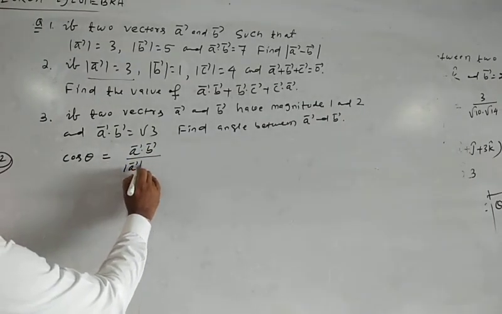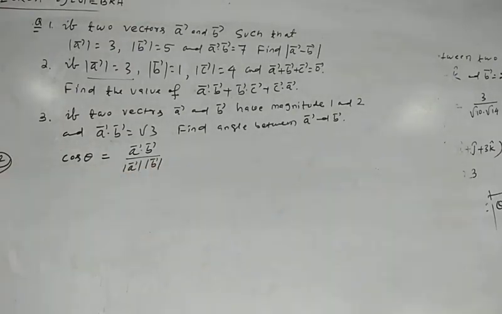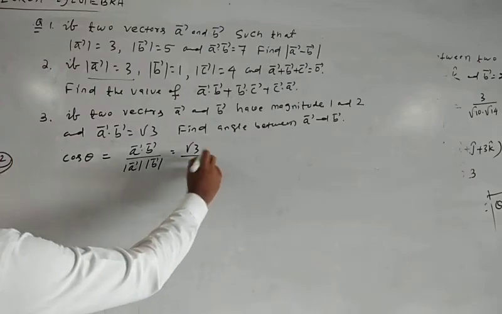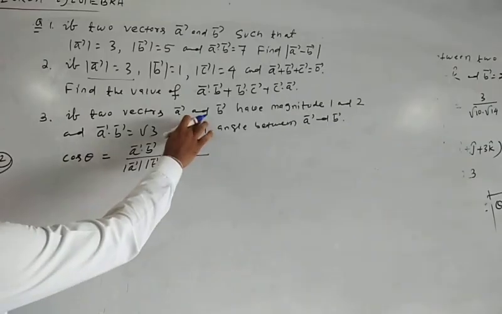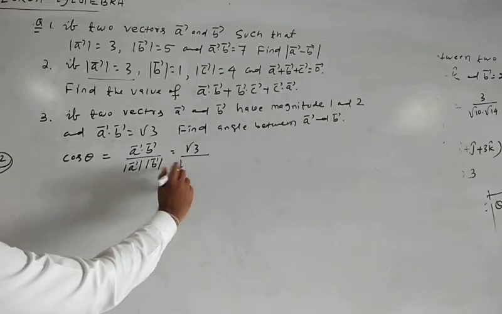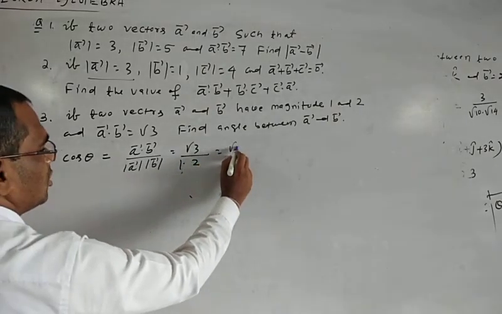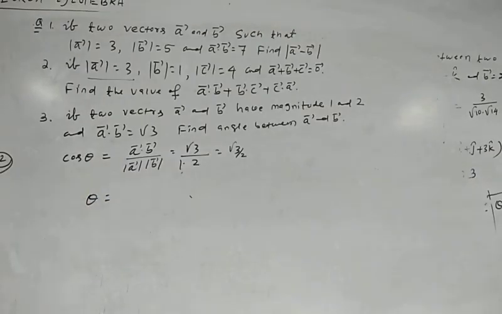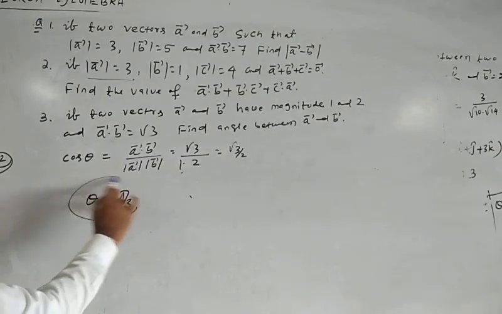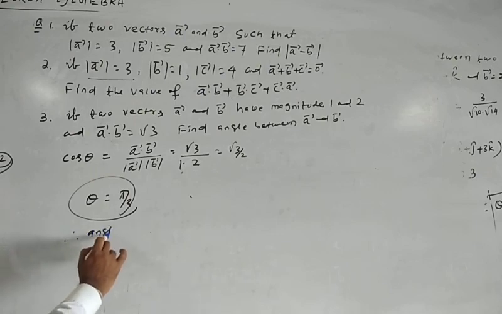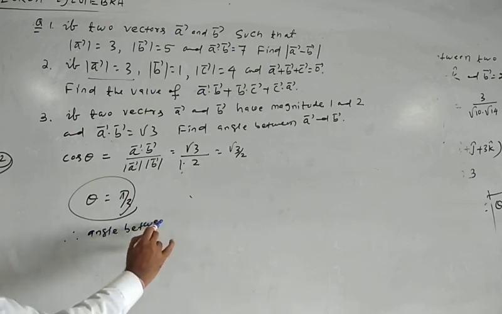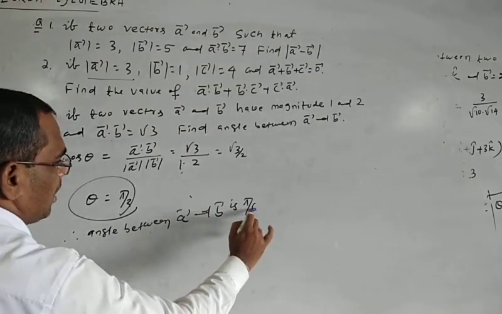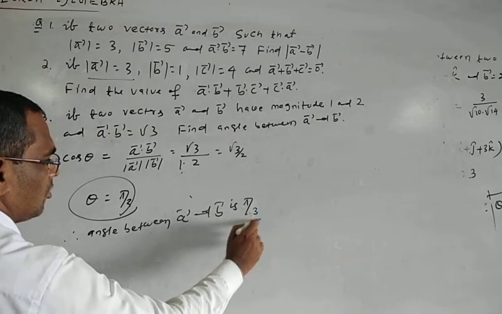Here A dot B is root 3, A magnitude is 1 and B magnitude is 2, so this is root 3 by 2. So cos theta is root 3 by 2, which means theta is 60 degree or pi by 3 radian. Therefore the angle between A vector and B vector is pi by 3 radian or 60 degree.